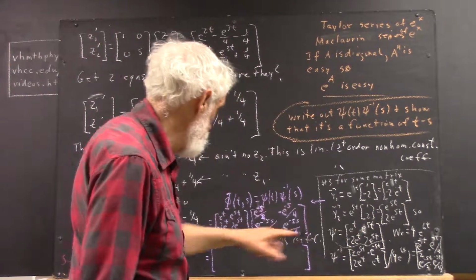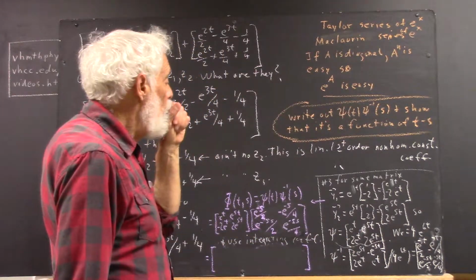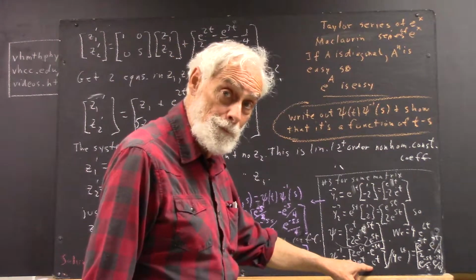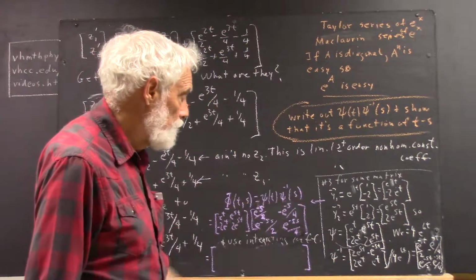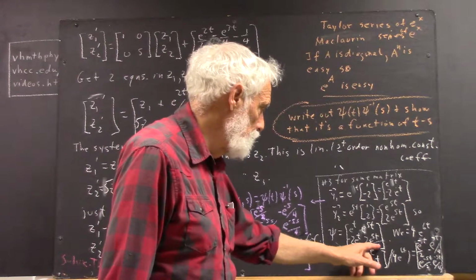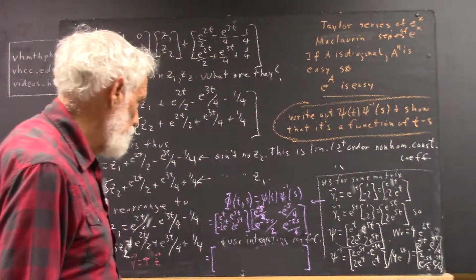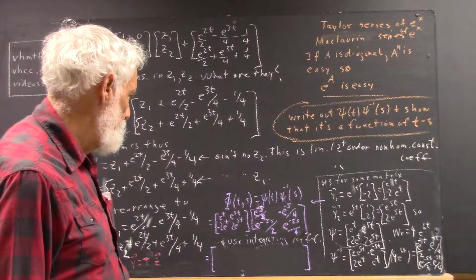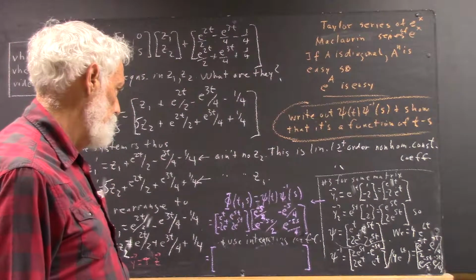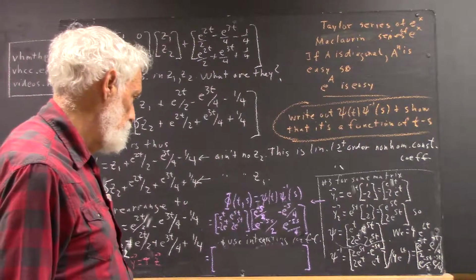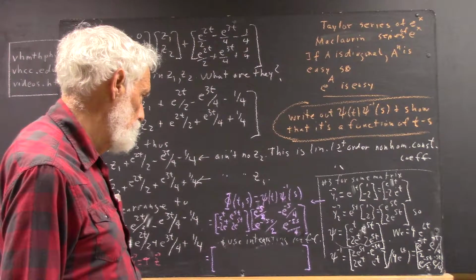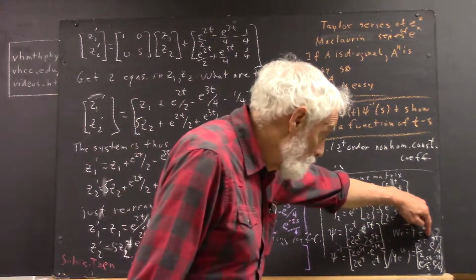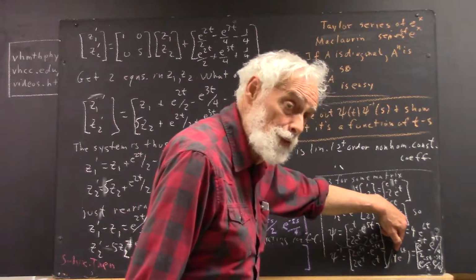Well, here's psi of t, so we just write that down. And here's psi inverse of t. We want psi inverse of s, so we just write this matrix down, but we use s for our variable instead of t. I'm sorry, I was looking at this.